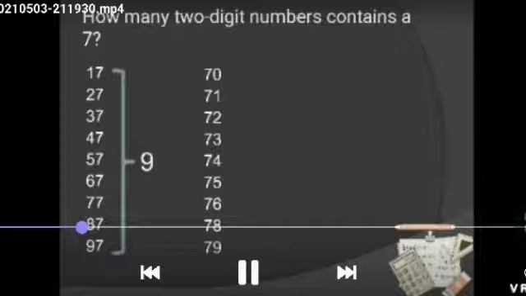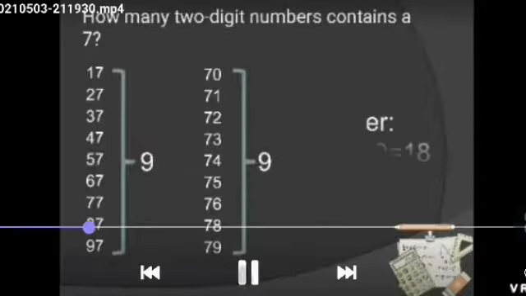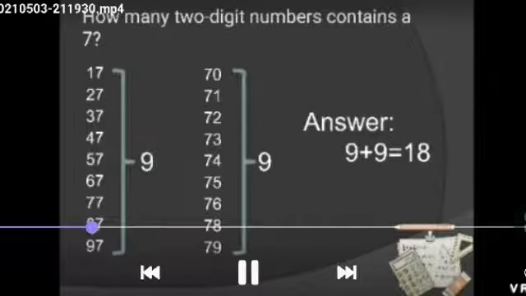On the first row we have 9, and then the second row we have also 9 2-digit numbers containing 7. So 9 plus 9, the answer will be 18.